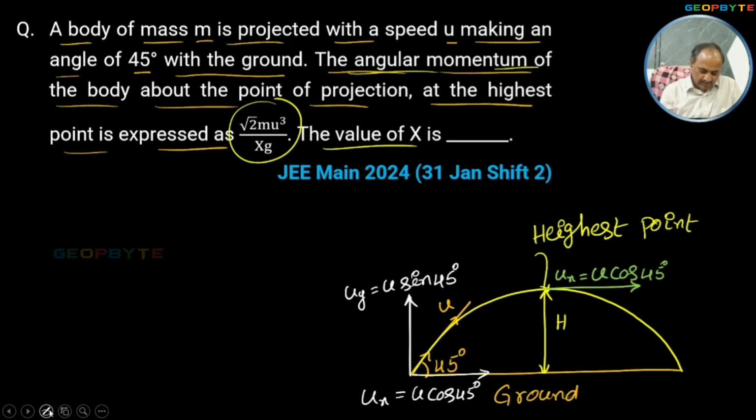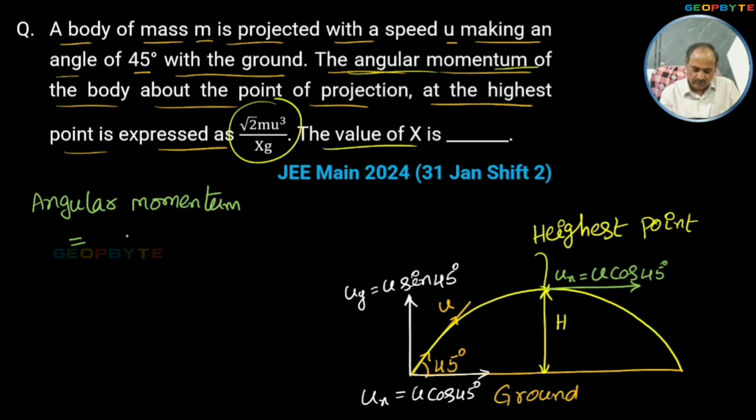Then angular momentum is equal to m into the horizontal component of velocity into the maximum height traveled by the particle, because it is asking the angular momentum of the body about the point of projection at the highest point.